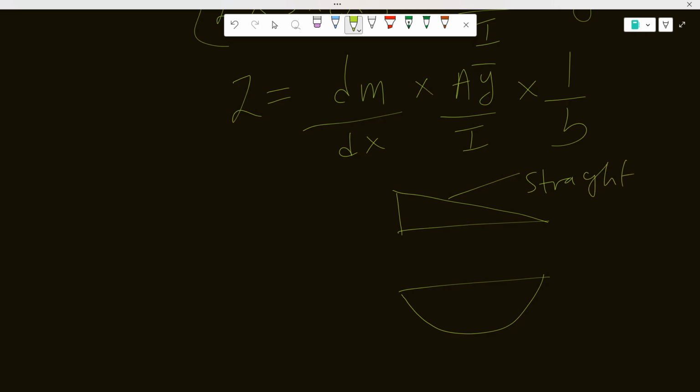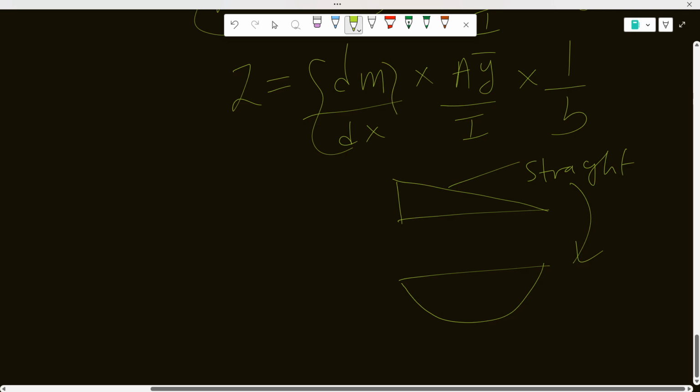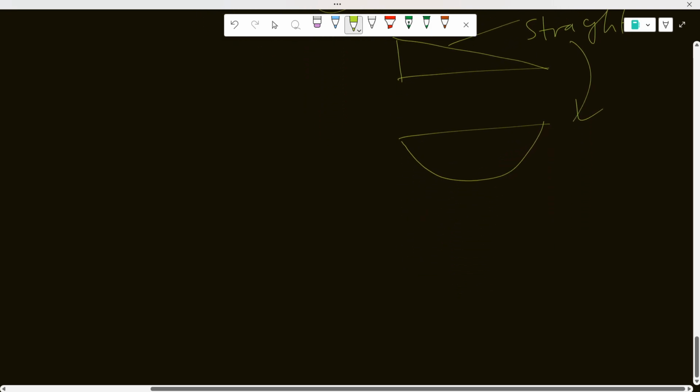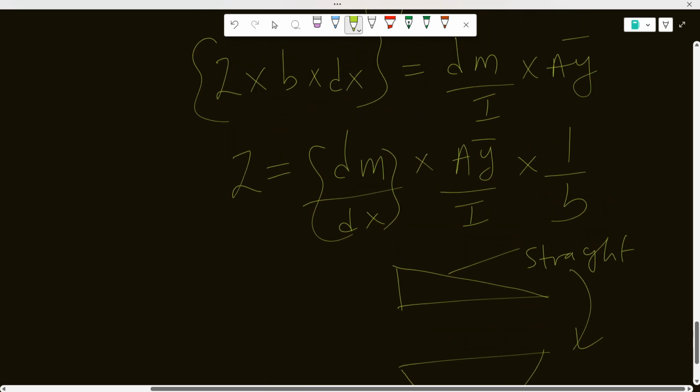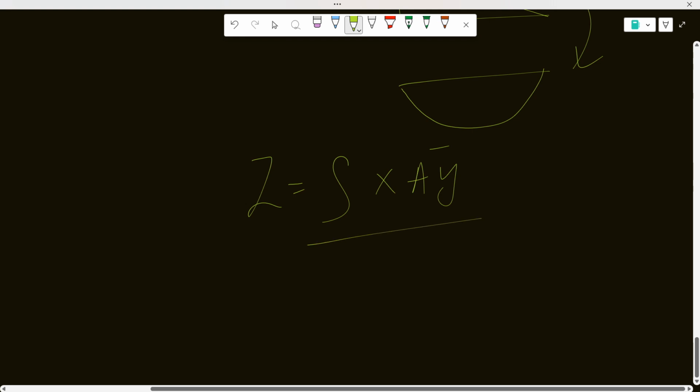When you integrate your shear force, you have your bending moment, and when you differentiate your bending moment, you have your shear force. So differentiating the bending moment here, I have my shear force. So tau equals shear force times A y bar over I B.